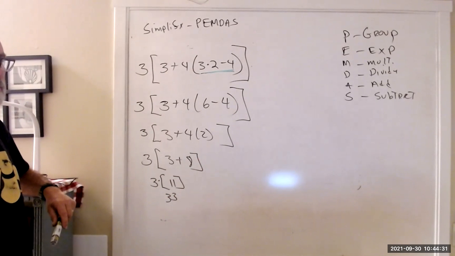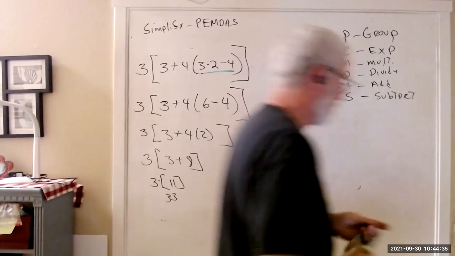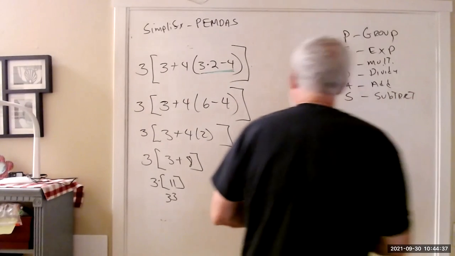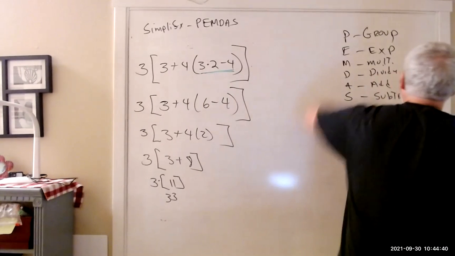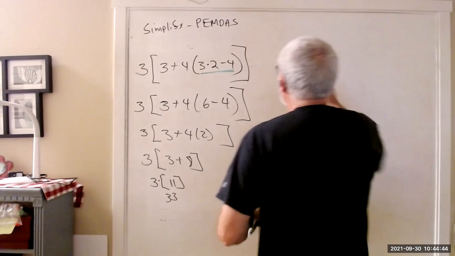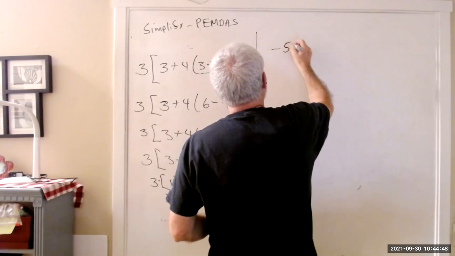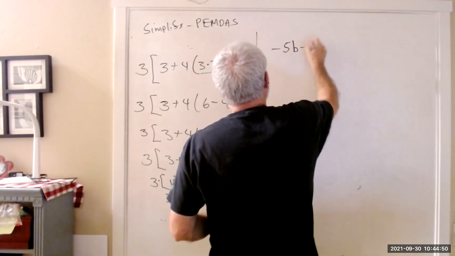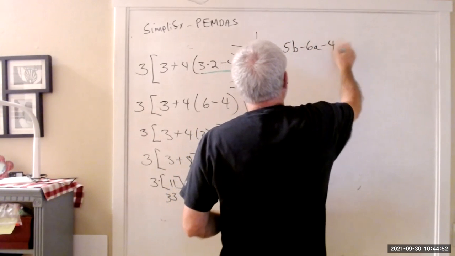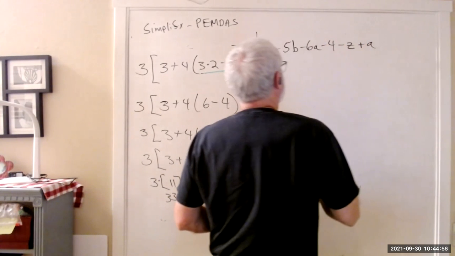Anybody else? I have another one. Sure, go ahead. There's no equal sign for this one either. It's negative 5v minus 6a minus 4 minus v plus a. And did it say anything else?